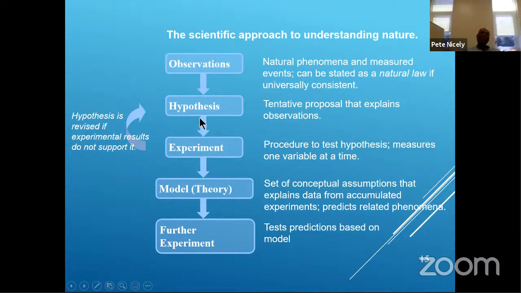And if you remember, I said that if there's no harmony between the experimental data and the hypothesis, then you have to go back to the hypothesis and make changes to the hypothesis to fit the data that you obtain. And that is very important. You make changes to the hypothesis to fit your experimental data. You do not make changes to the experimental data to fit the hypothesis.